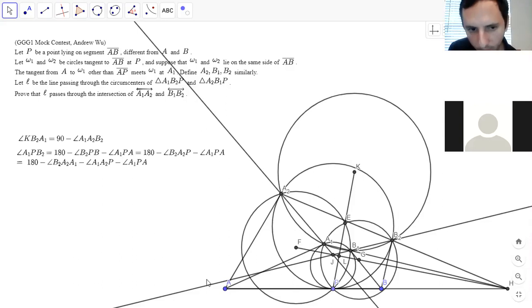Yeah, that is obvious because A2 A1 is equal to AP, right? So A2, A1, and P lie on a circle with center A.